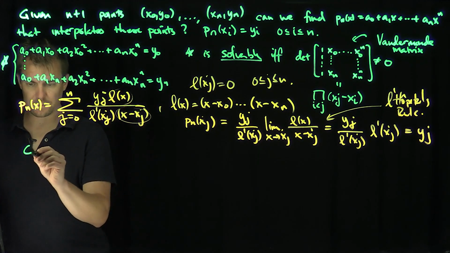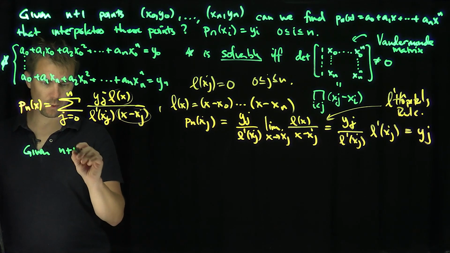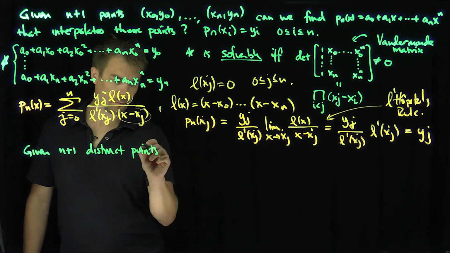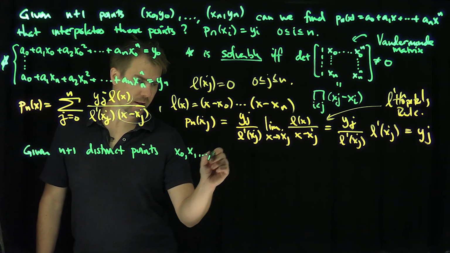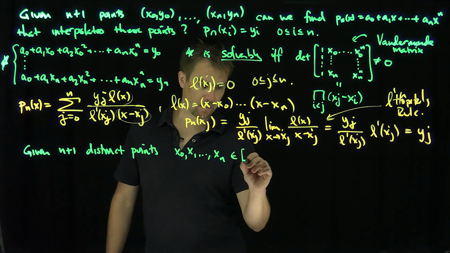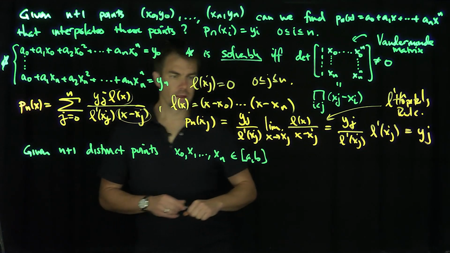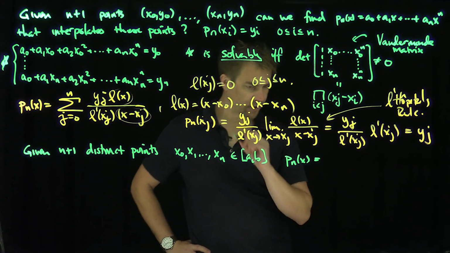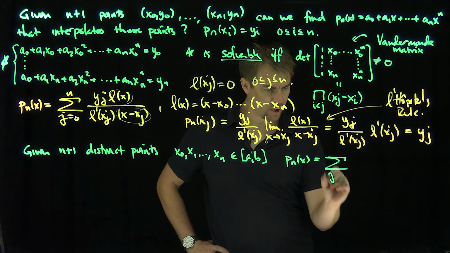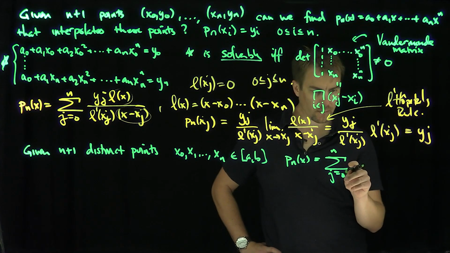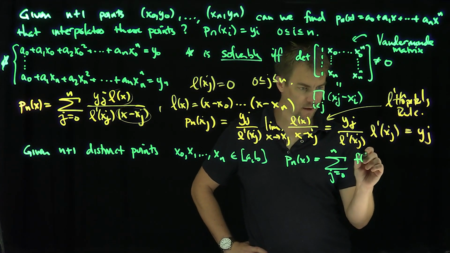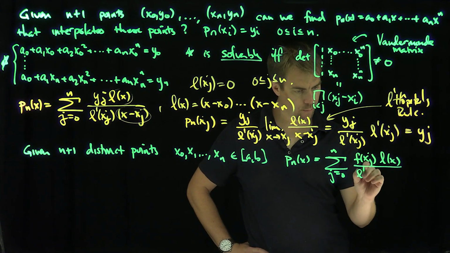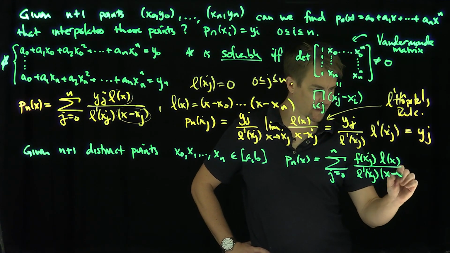If I'm given n plus 1 distinct points x0, x1, ..., xn belonging to an interval [a,b], then we can form Pn(x), which is equal to the sum, j goes from 0 up to n, of f(xj) times L(x) over L'(xj) times (x minus xj).